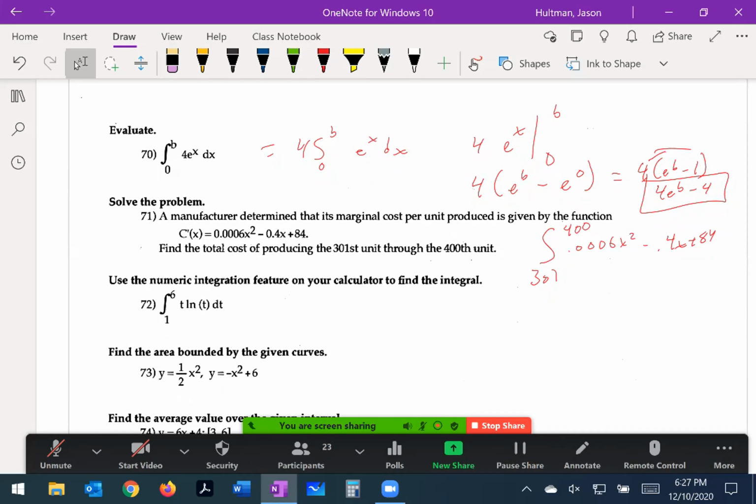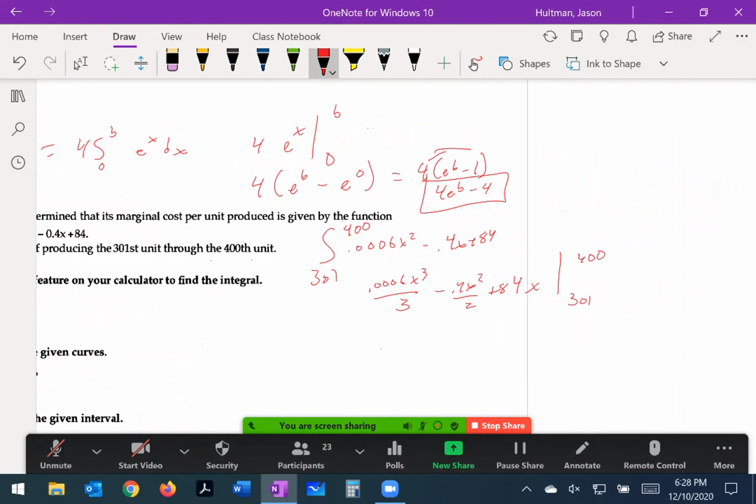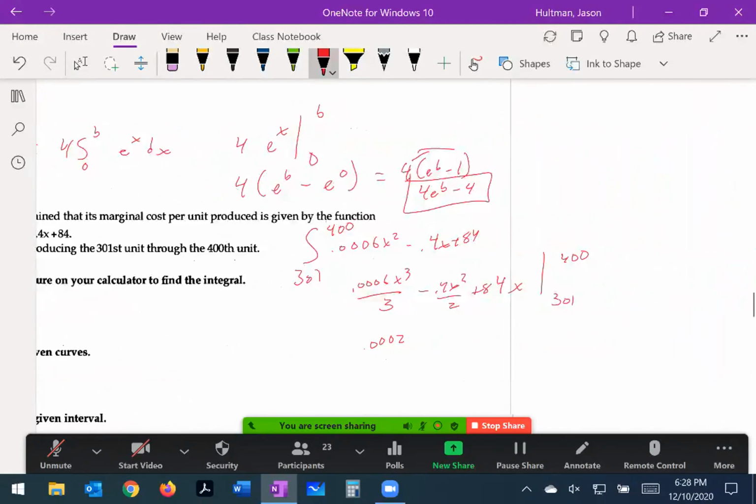And so this is going to be 0.0006 x cubed over 3 minus 0.4x squared over 2 plus 84x, evaluated from 301 to 400. I could simplify this as 0.0002 x cubed minus 0.2 x squared plus 84x from 301 to 400.